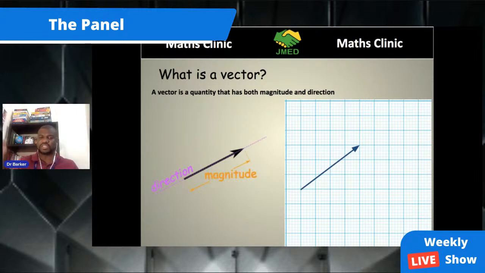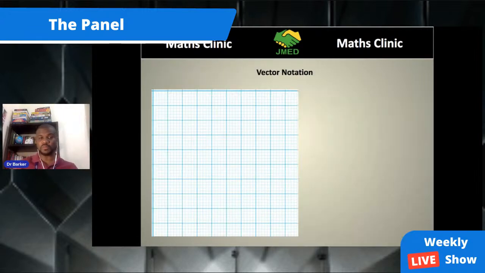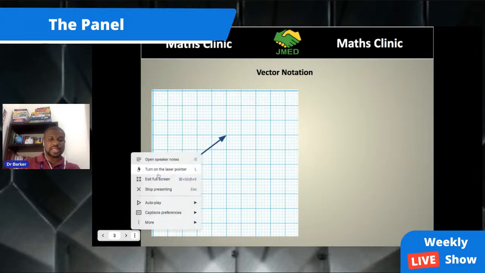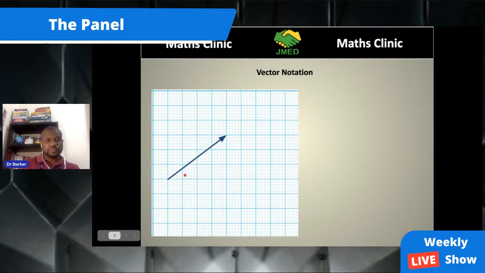It doesn't make sense if I just say it's going up or a little bit up. It's very difficult. So what we use are the grid lines on the graph to summarize what's going on with the direction of the arrow, and you'll see how that relates to matrices. We could have different vectors going in different directions. What we're going to do is look at a specific arrow, like in this one, and see how we'd represent that using vector notation. So we have an arrow, it's starting here, and this is where it stops.